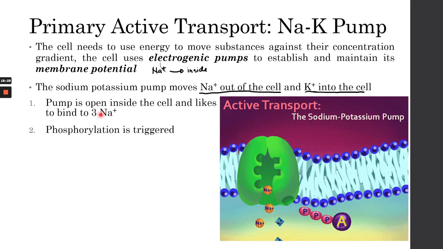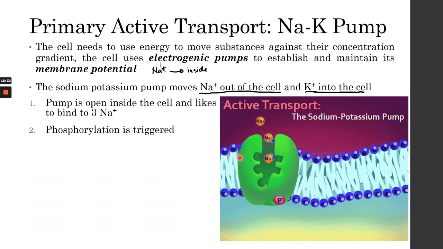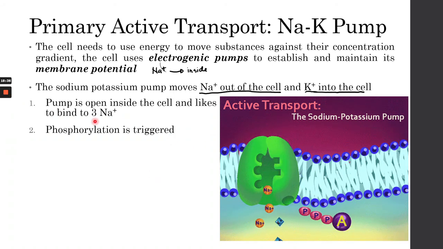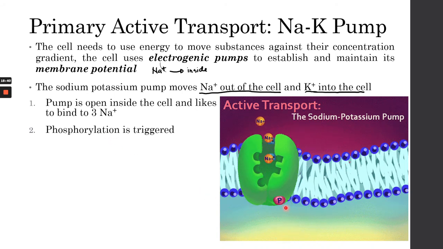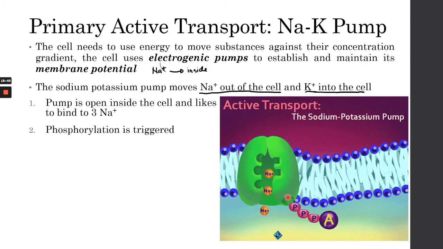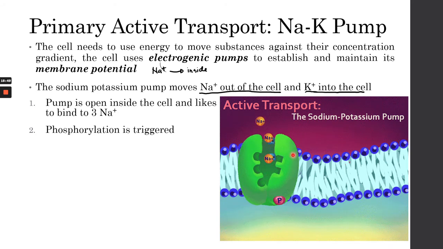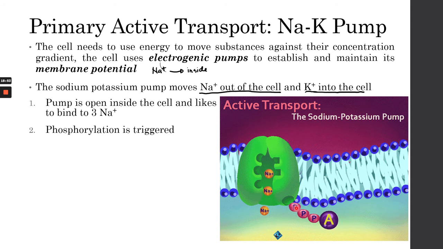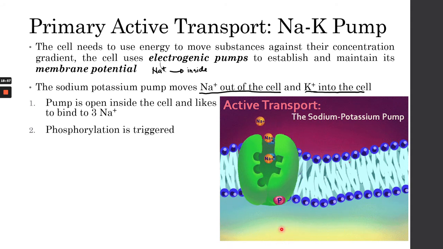So when three sodiums finally bind dun sa ating pump that is still open inside, phosphorylation will trigger. What we mean by phosphorylation is yung pump natin will hydrolyze the ATP, meaning it will break down yung one phosphate group dun sa tatlong phosphate.